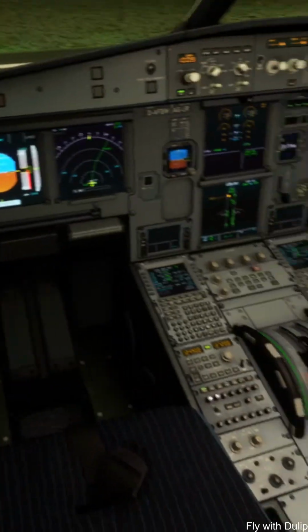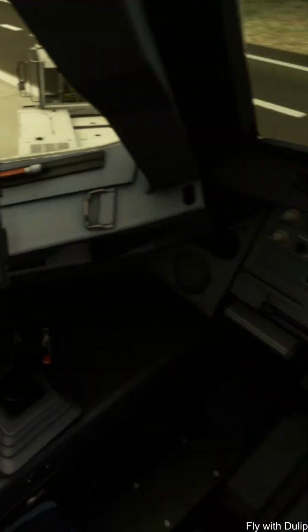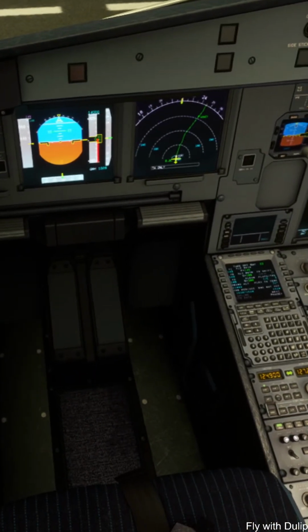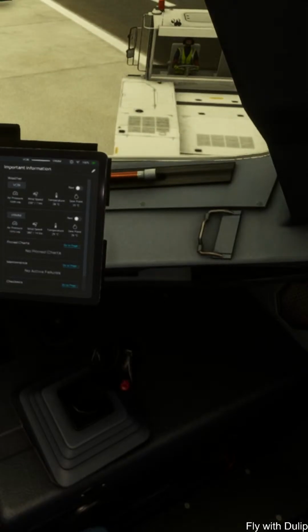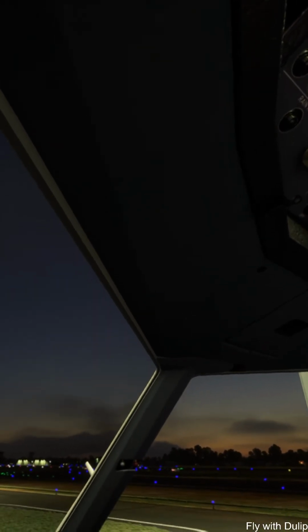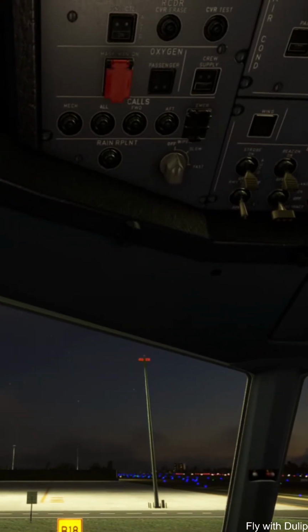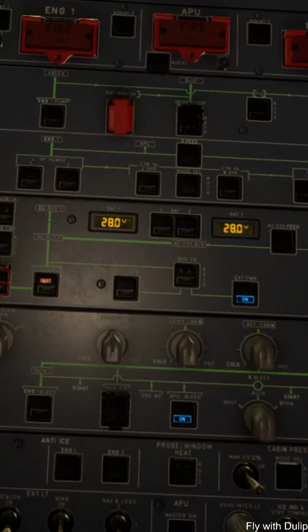Okay, now we have done this, and we need to run the checklist right now. We will take our push card coming in. Before that, let's verify the APU is up and running. Let's make sure the APU bleed is also up and running.